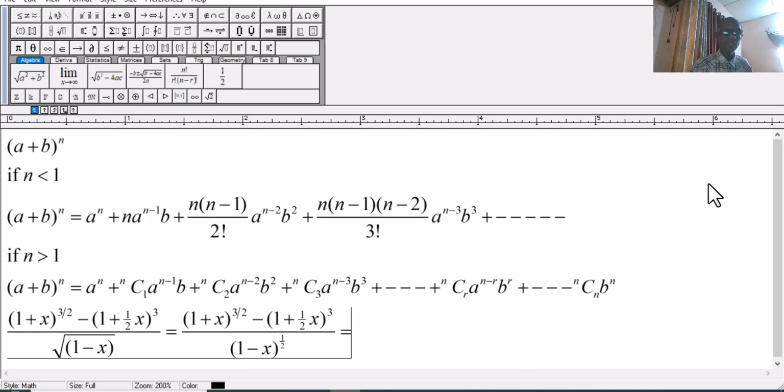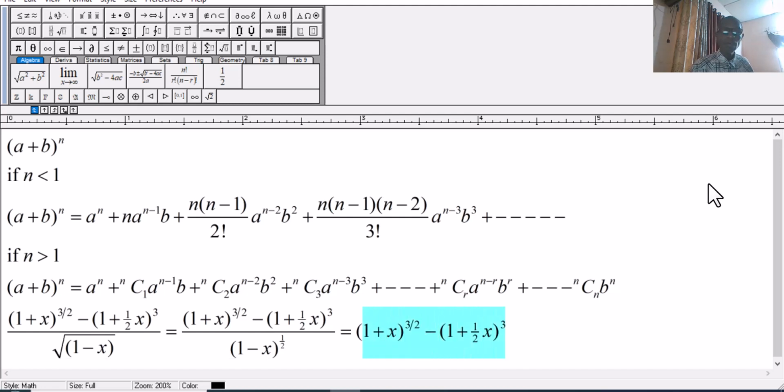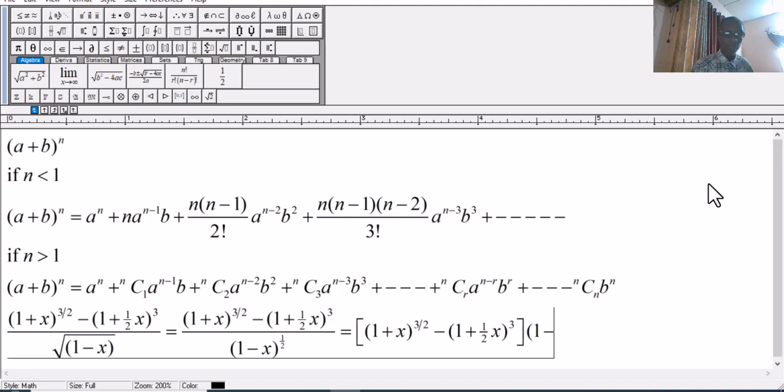So we can rewrite this again and write it as 1 minus x to the power of minus half. So this is what we have for that expansion.